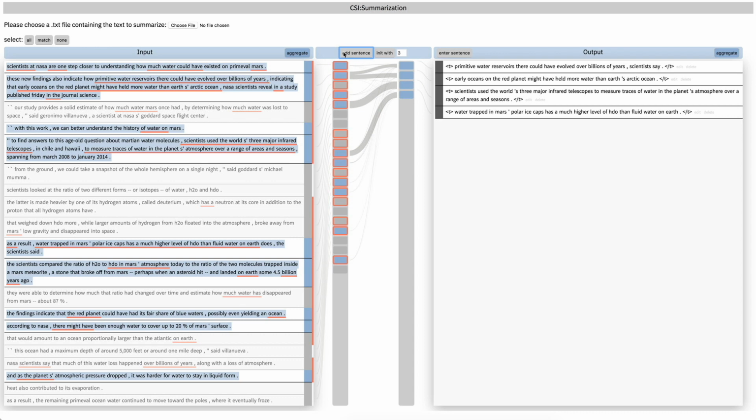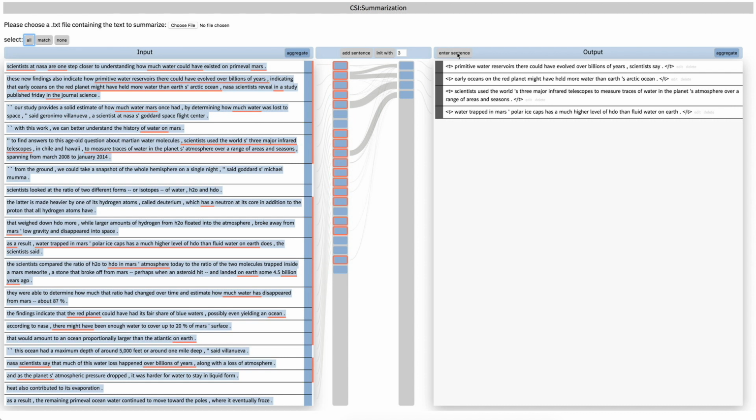Next, Anna would like to include more details about water found on Mars. She starts writing "the water is" and then adds 3 dots that trigger sentence completion by the model. The resulting sentence is acceptable, but Anna spots an error with the verb is, which should actually be in past tense. She quickly corrects this output.